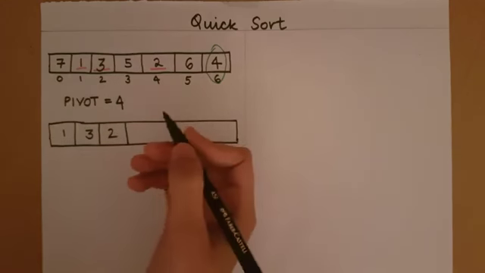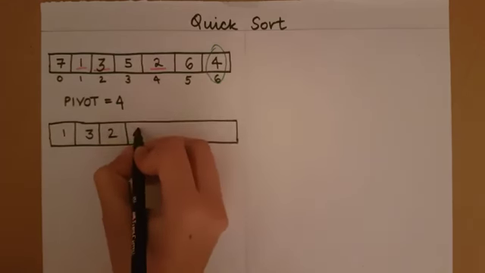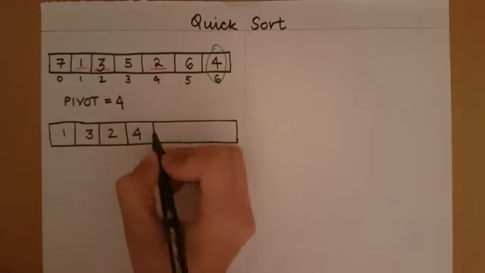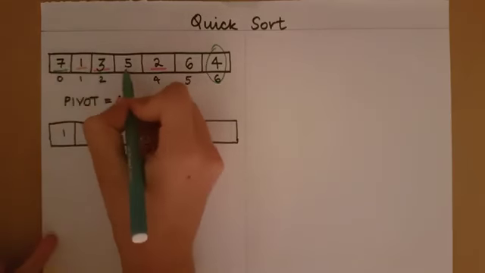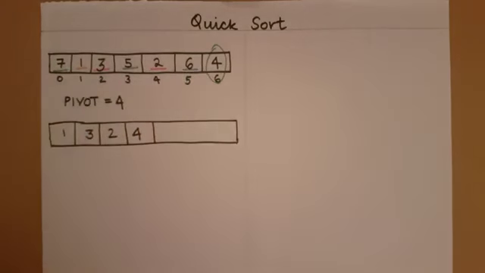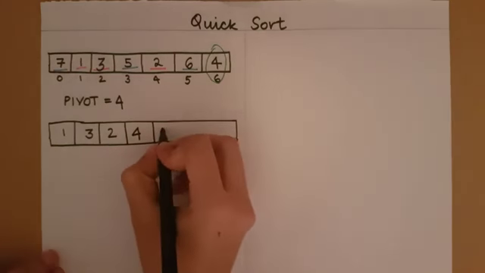So these are going to come to the left. Now we have 7, 5 and 6. These are the elements which are greater than 4. So they'll come to the right.